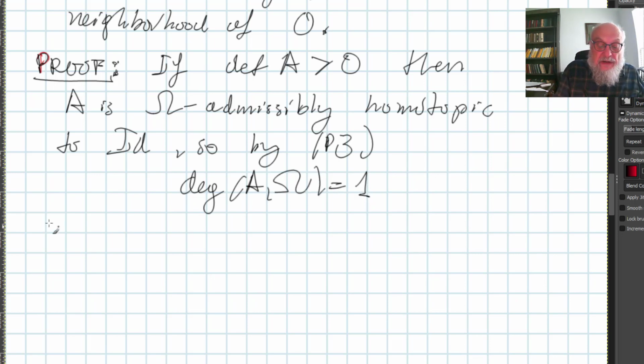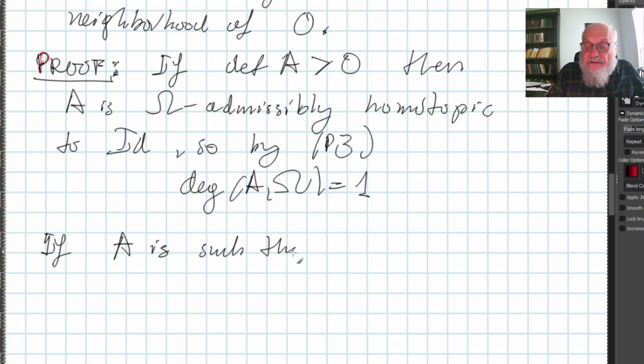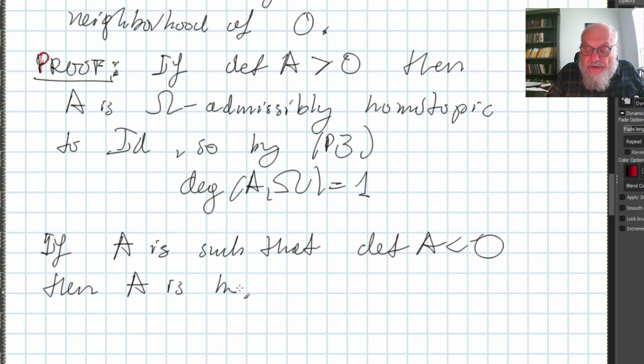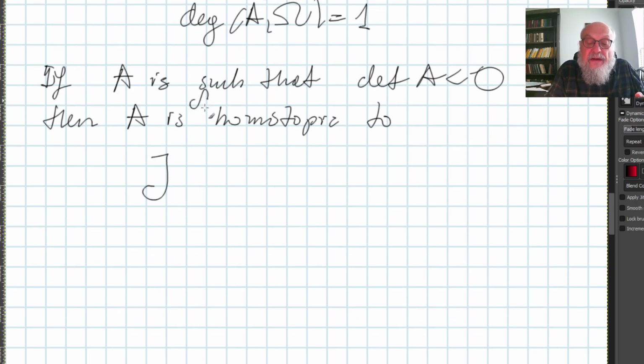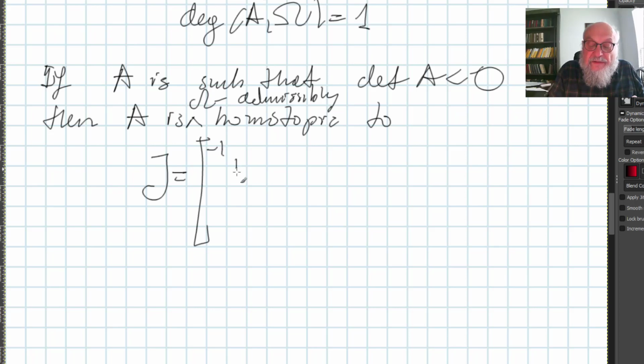And the other one: if A is such that the determinant of A is negative, then A is omega-admissibly homotopic to J, which is exactly minus 1, after that 1, 1, 0, 0.